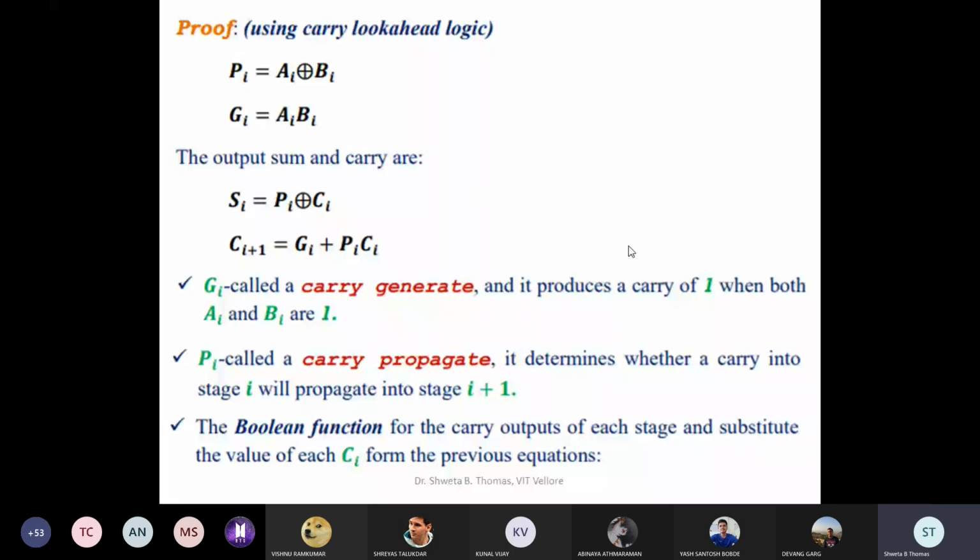If both are 1, then only it will be 1. We are aware of the concept, but after developing the logic diagram, if you take any random input A and B and compute the same thing from the logic diagram or truth table, it should give you the same output. Then only you can cross verify. Understood what I am telling you?